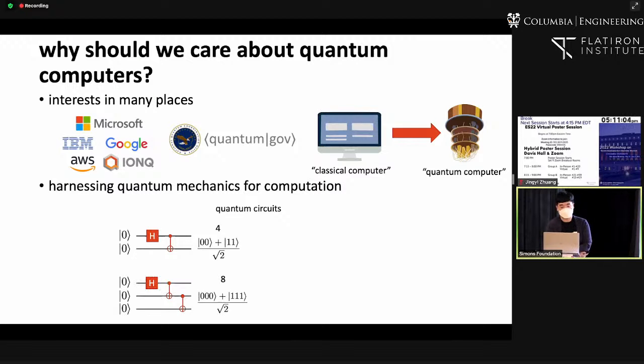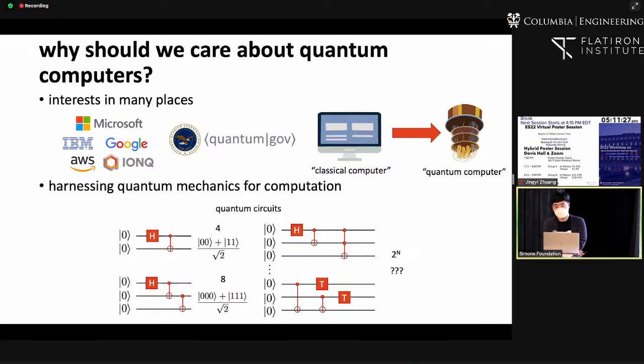You can make it a little harder by adding one more qubit. Again, we start from three 0 qubits and go from left to right. In the end, you create a state known as the GHZ state, 000 plus 111. To emulate this classically, you need linear algebra operations of dimension 8.